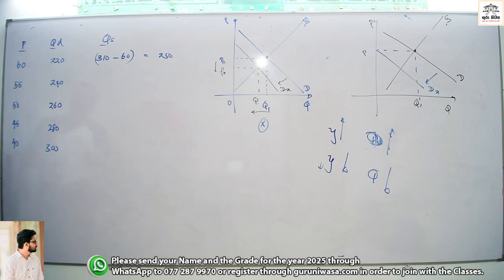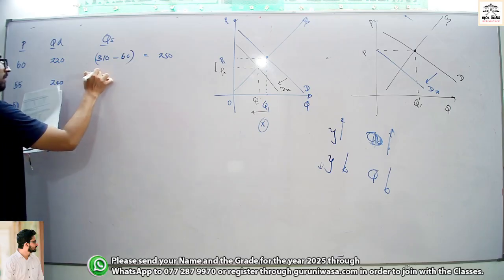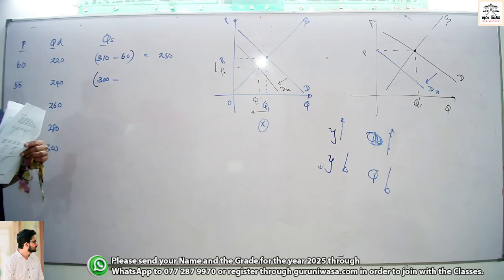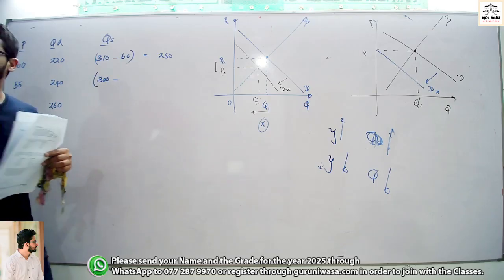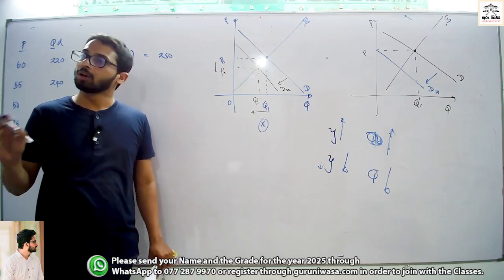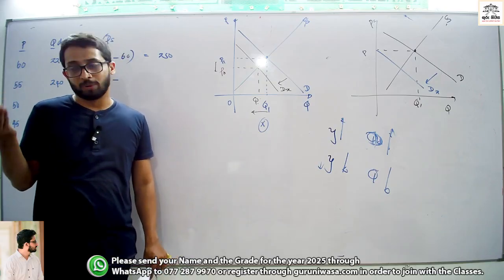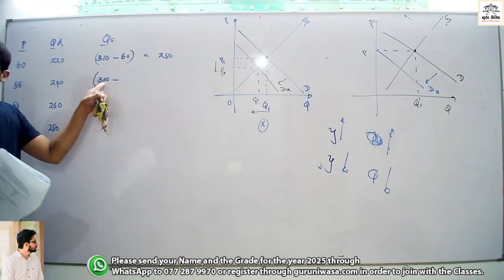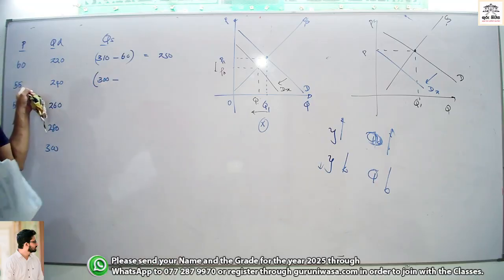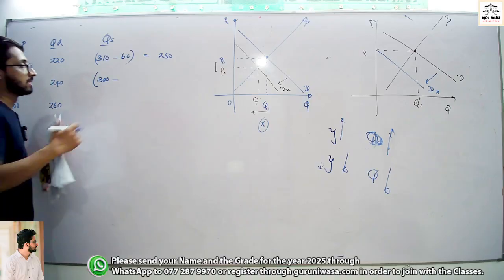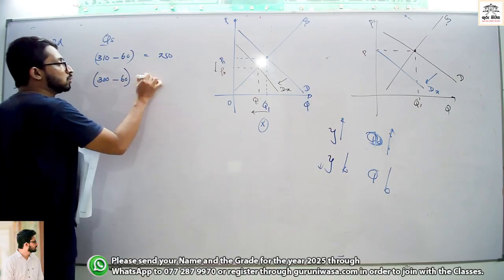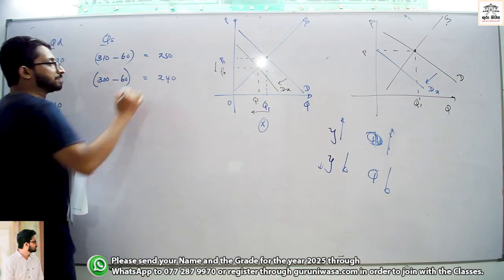Yes, sir. Now at price 55, original supply is 300, but suppliers will say they won't be able to supply 300 units at price 55; now they'll supply only 240 units.